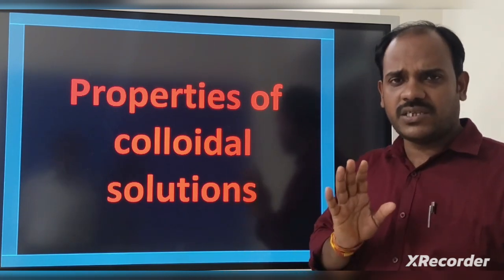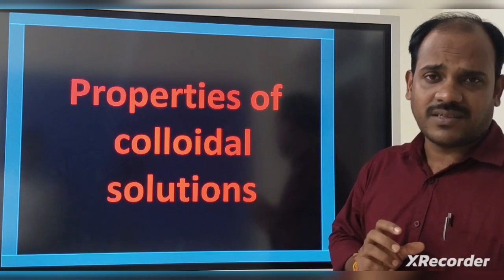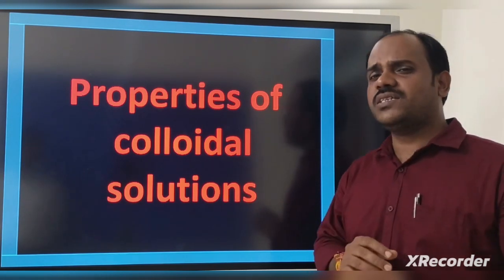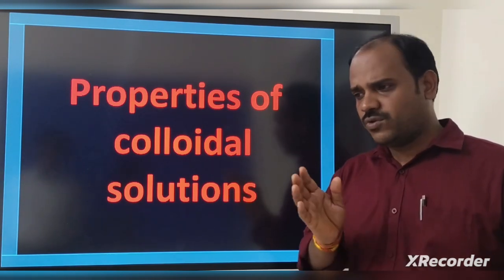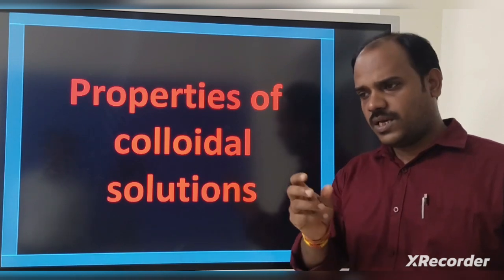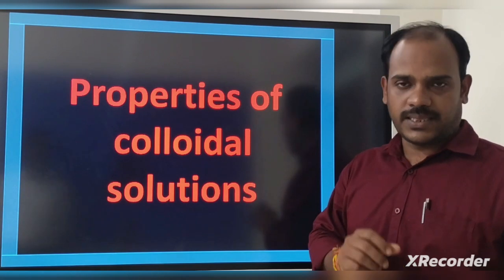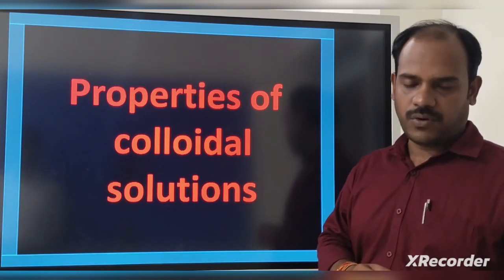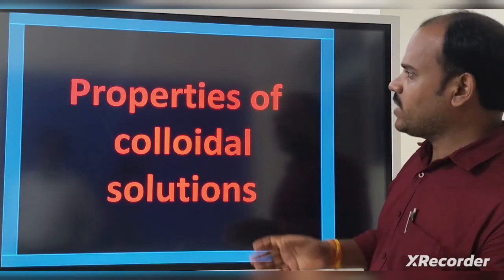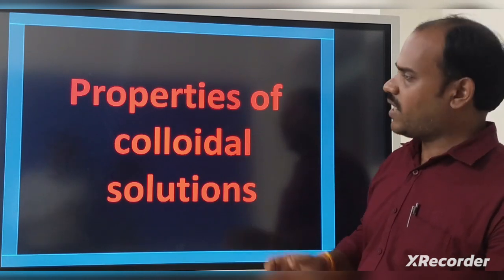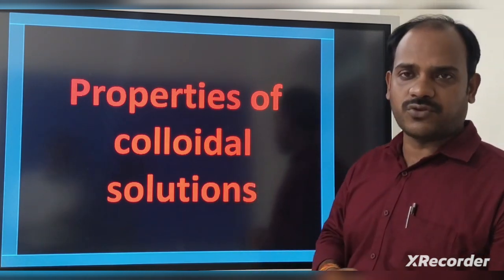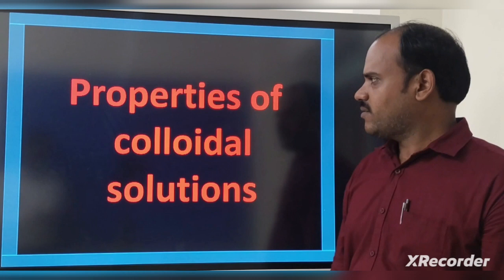Where have you seen starch? Yes, you have seen it in potato. When you crush the potato, the white powder you obtain, or the white solution you obtain, that is the colloidal solution.